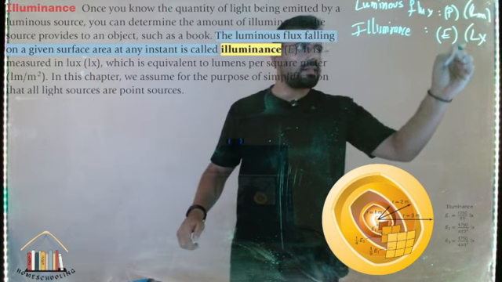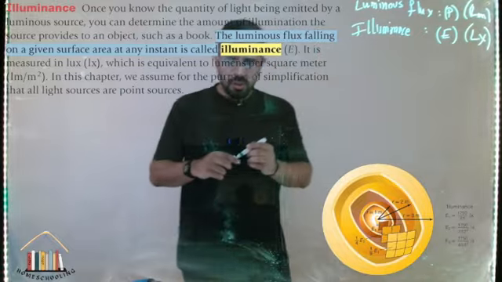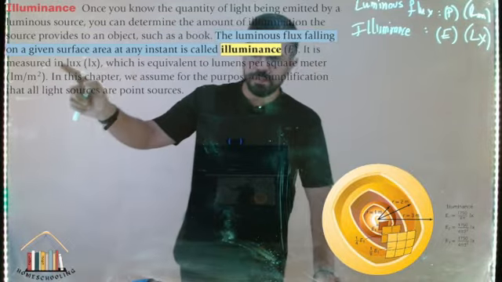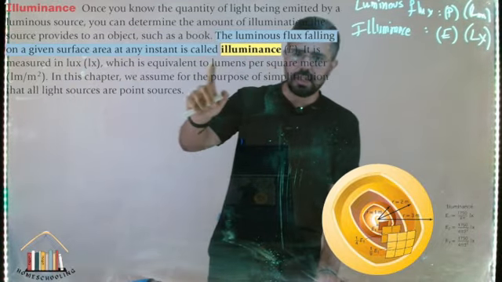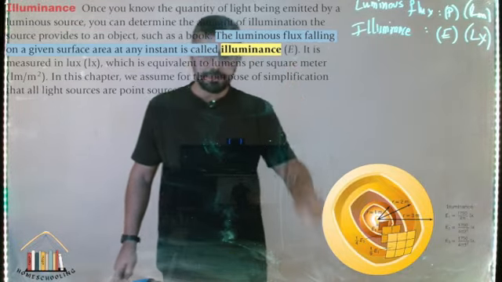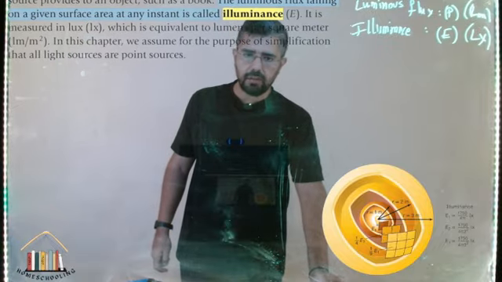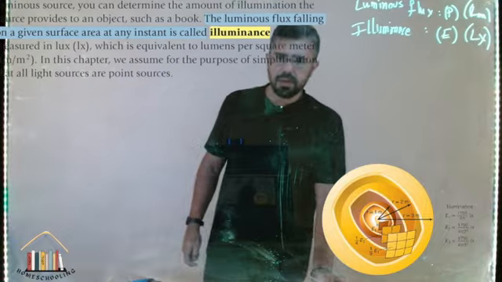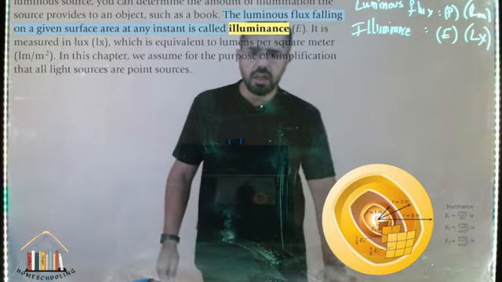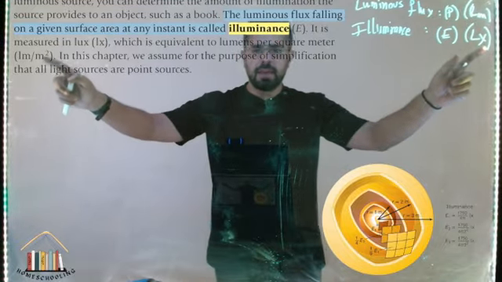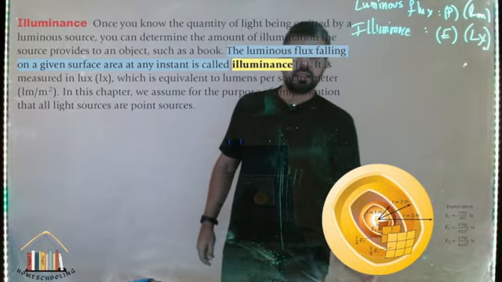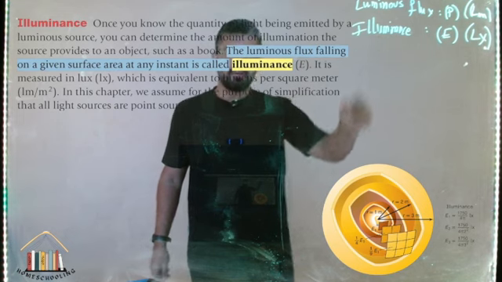Let's read it together: the luminous flux falling on a given surface area at any instant is called the illuminance, with the symbol E, which is equivalent to lumens per square meter. So either the unit is LX or lumens per meter squared. So this is about the luminous flux, then about the illuminance.